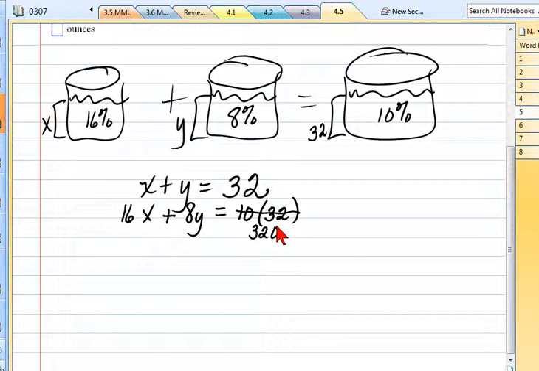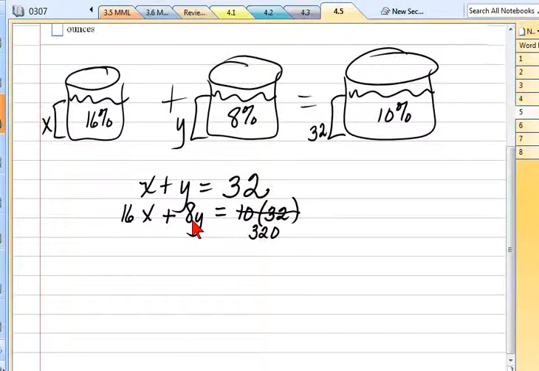Because we have very little time left in our class, I'm not going to have time to actually solve this. I'd rather go on to other problems and set them up. If you wanted to use the addition method, you could multiply this top equation by negative 16, and it would be the opposite of that. Or you could multiply the top equation by negative 8, and it would be the opposite of that.